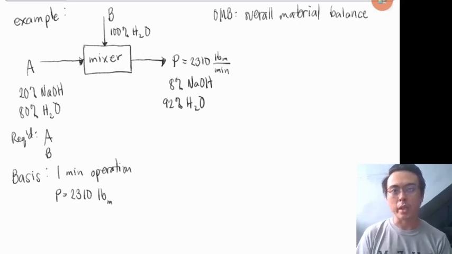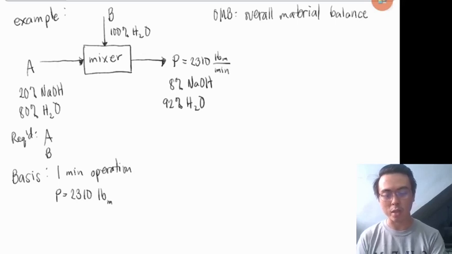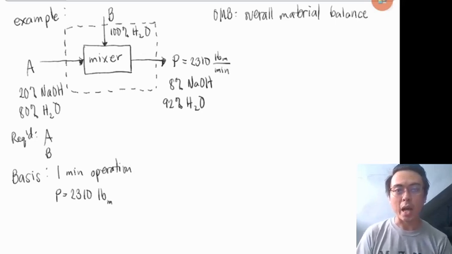The system boundary is important because you can only consider a group of process units or a single process unit at any given time. So in this case, since we only have one process unit, you have no choice but to select the entire process unit as your system boundary. We select system boundaries simply by drawing a dashed line around the process units that we are considering.